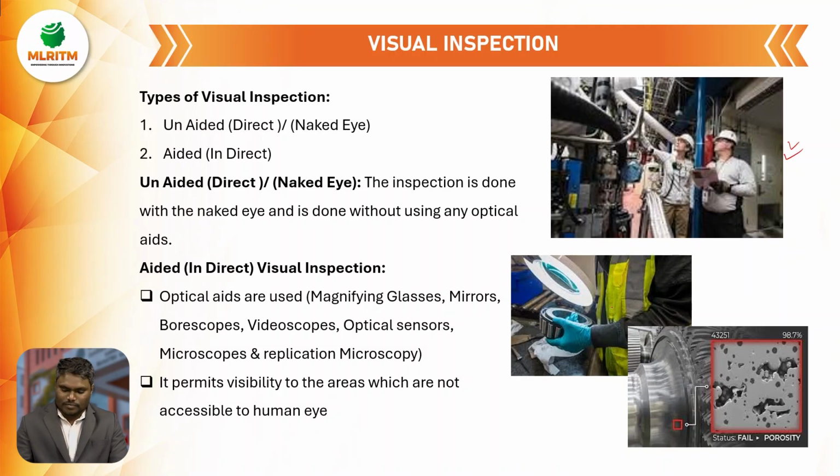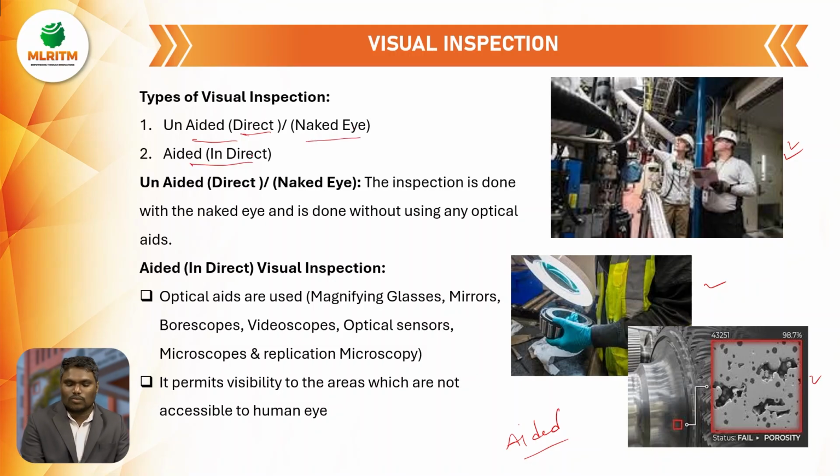Here are some pictures because there are some visual techniques that are aided, meaning we use some instruments also, right? So there are two types of visual inspection. Unaided, also called direct visual inspection, can be done by the direct or naked eye.